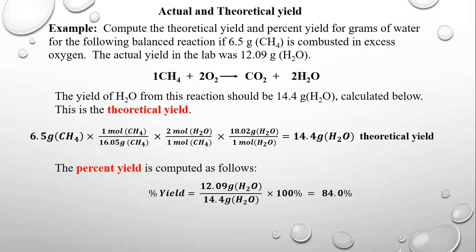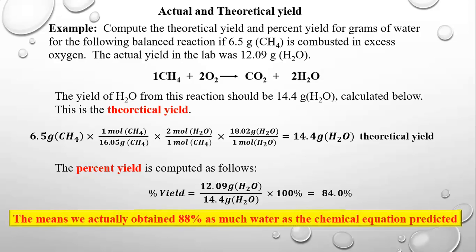And again, the difference is because of various real-world errors, human error, evaporation, things that cause it in the real world to not be the same as what we thought we should have gotten. So this means we actually obtained 84% as much water as the chemical equation predicted.